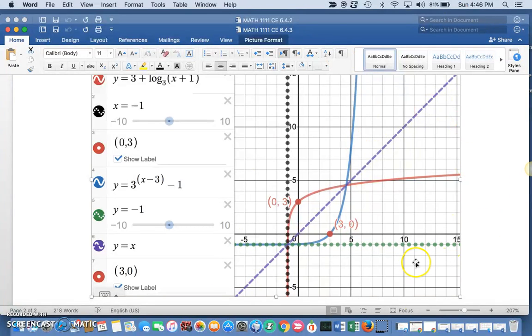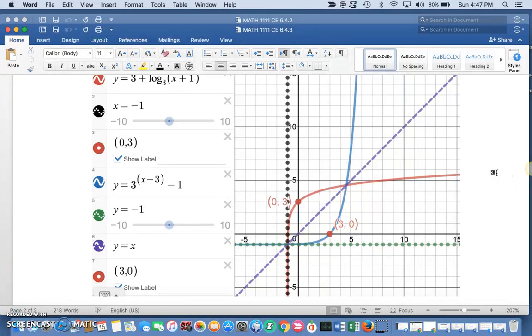This is the graph of the two together. The logarithm looks like this, kind of turning over, and the blue is the exponential. So we've got an exponential and a logarithm with both of their asymptotes, and I also put in the line y equals x. It's dotted this time.